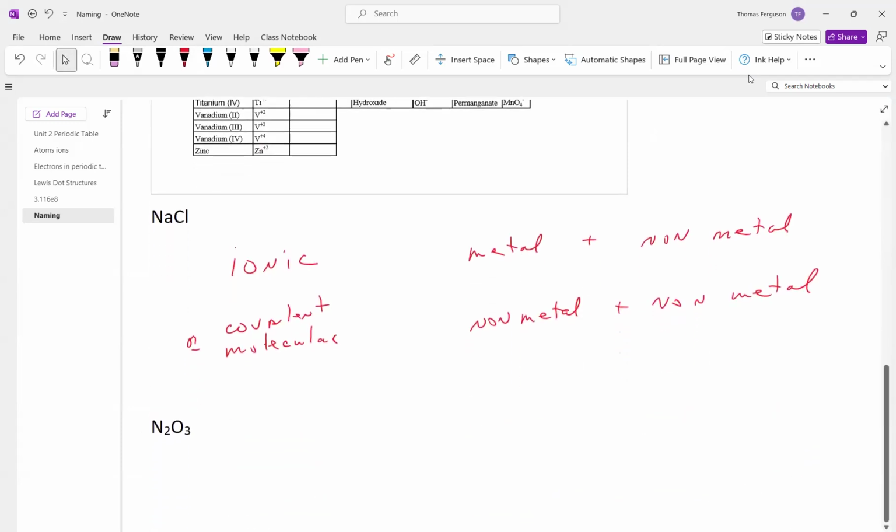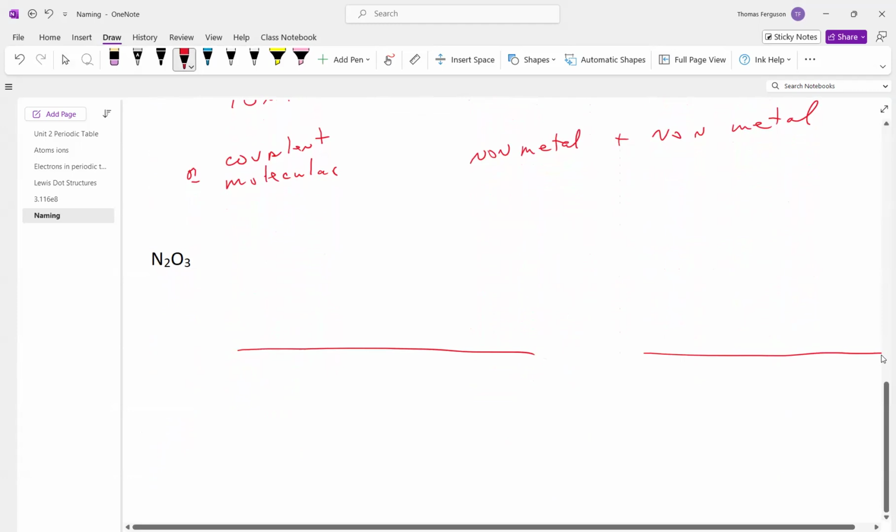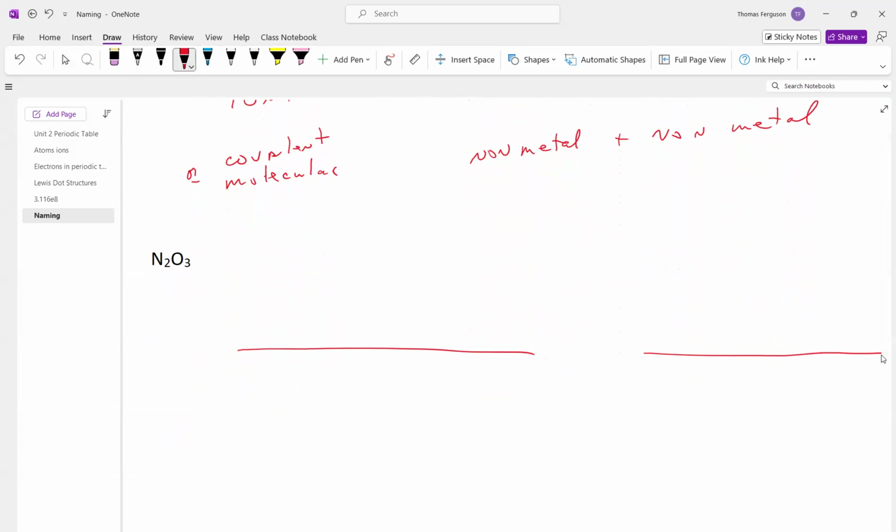Both ionic and molecular always have two parts. So let's name this N2O3. What does N stand for? Nitrogen. That's directly from your periodic table.